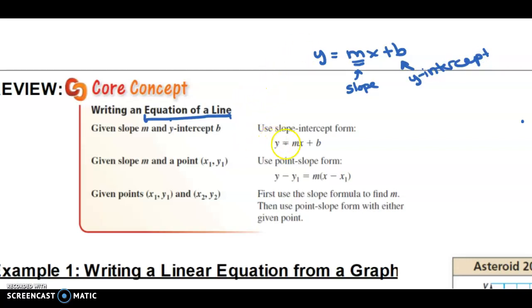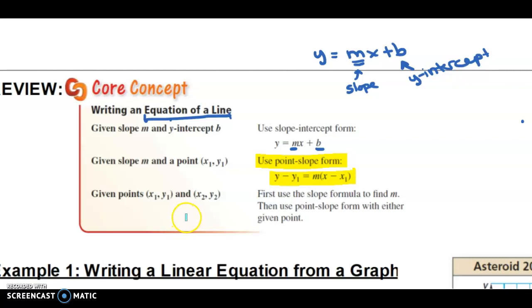So if we have the slope and we know the y-intercept, we can just plug it in to get the slope-intercept form. Now, if we don't have the y-intercept, but we have the slope and a point, we could use point-slope form, which is this. And guys, you did this in Algebra 1, but you also did this last year in Honors Geometry as well.